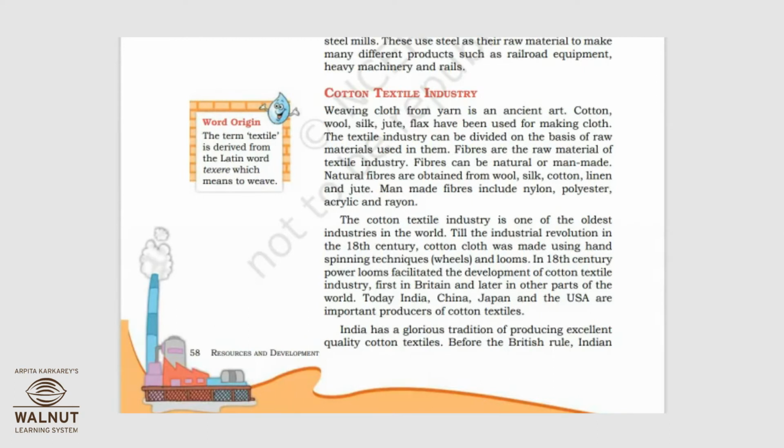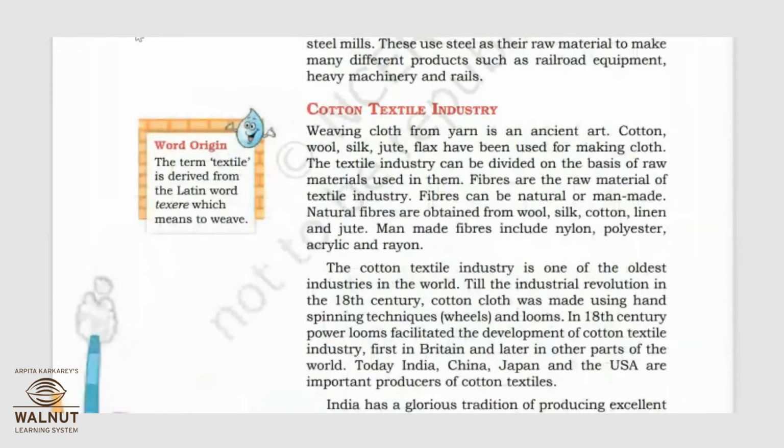Cotton textile industry. Weaving clothes from yarn is an ancient art. Cotton, wool, jute, flax have been used for clothes. The textile industry can be divided on the basis of raw material used in it.